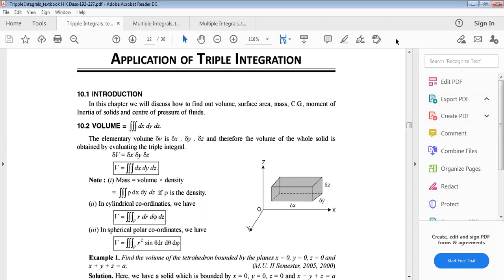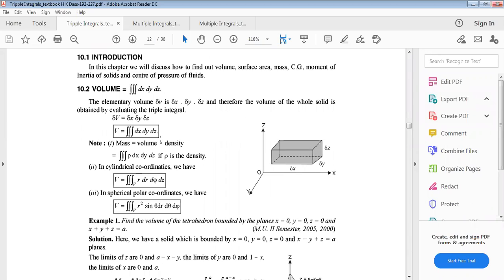That means triple integration has huge applications, because these are three-dimensional solids, and we have to apply triple integration here.